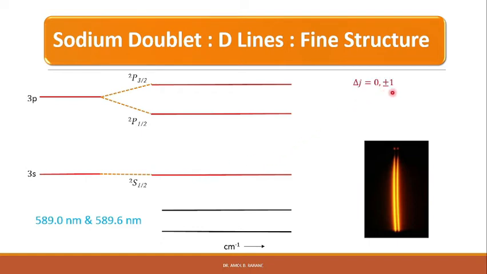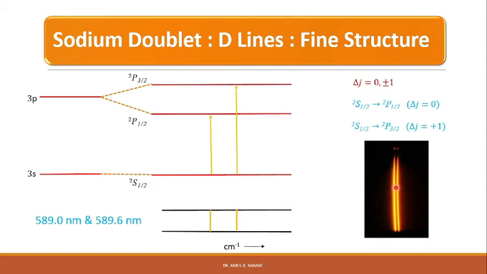We have the selection rule for J, that is delta J equal to 0 or plus or minus 1. We have two different J values for this P level, 3/2 and 1/2, and because of that this P level was split into 2, and therefore we get two spectral lines for two transitions. Therefore the sodium doublet can be seen in the sodium spectrum.